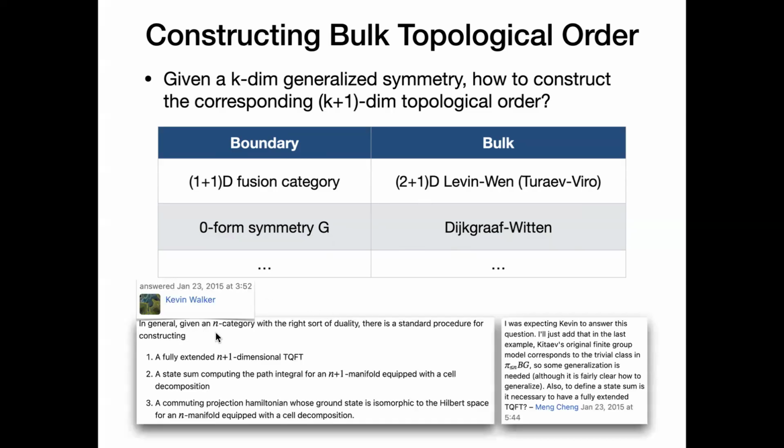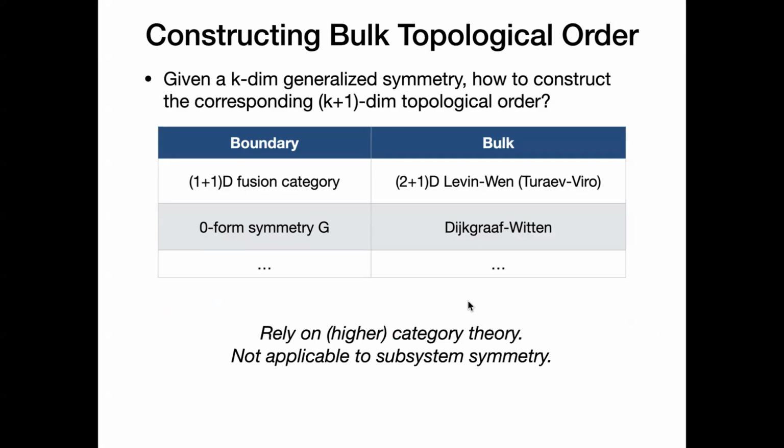According to this comment by Kevin Walker on MathOverflow, basically given any n-category with the right sort of properties, there's a standard way of constructing an n plus one dimensional TQFT that has this symmetry on its boundary. I don't know whether this is published anywhere, but Walker is an expert on this type of thing. So I suppose this is something standard to the experts.